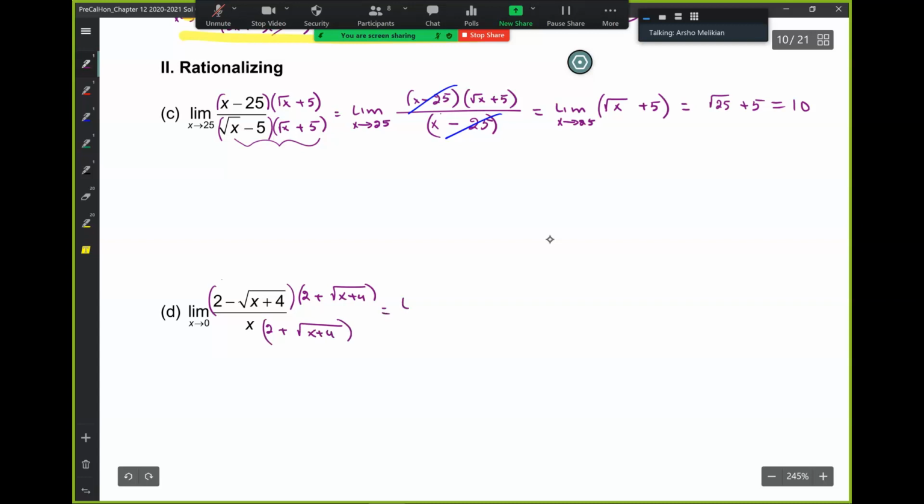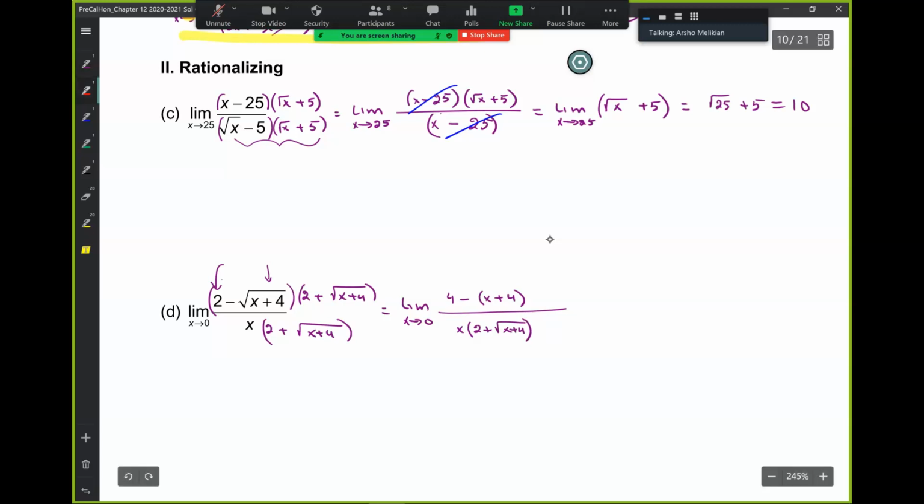Limit as x approaches 0. In the numerator, square the first number, 4, minus square the second term, x plus 4. Placement of parentheses is key. Over x times 2 plus root x plus 4.